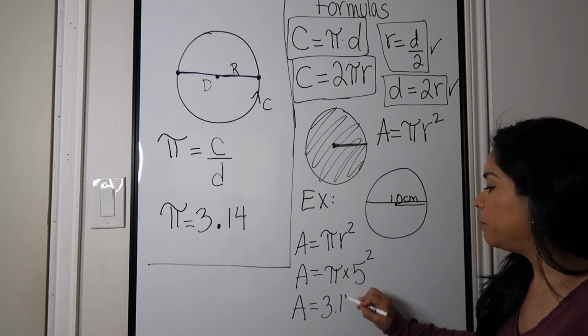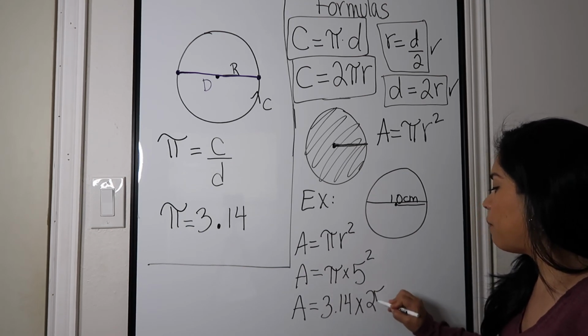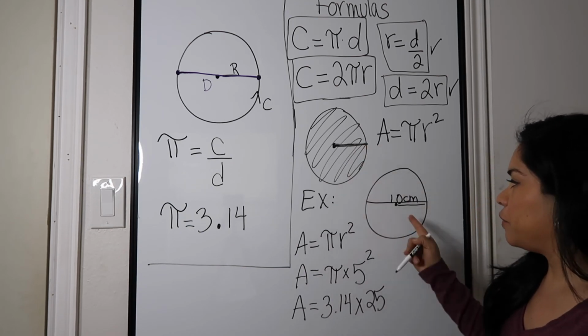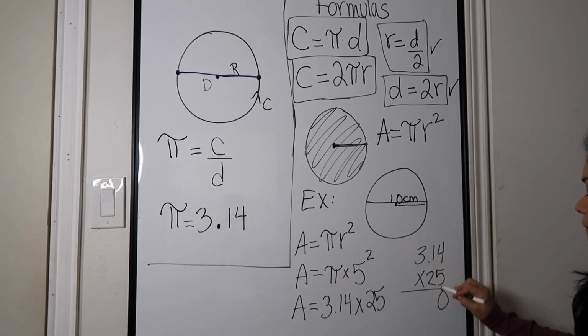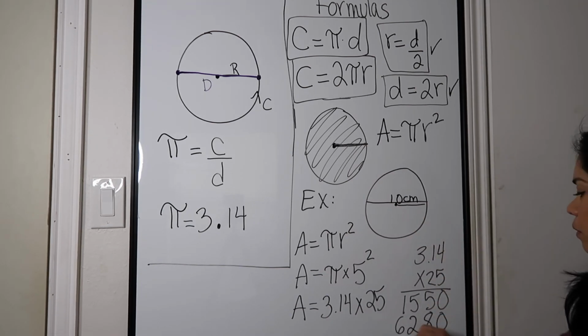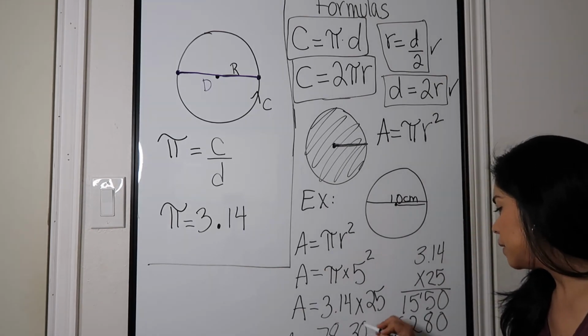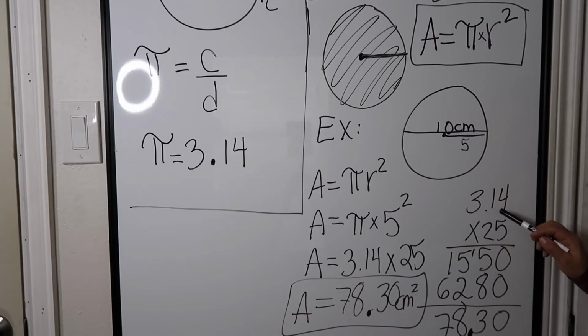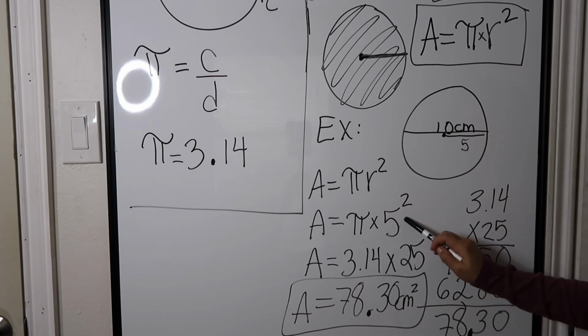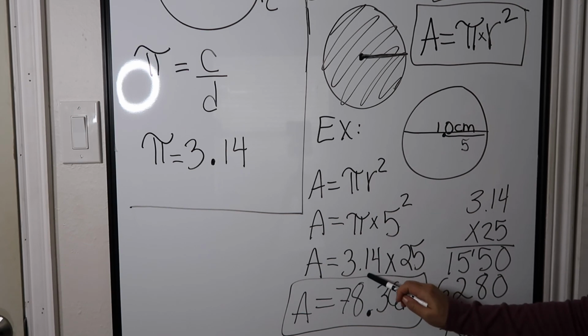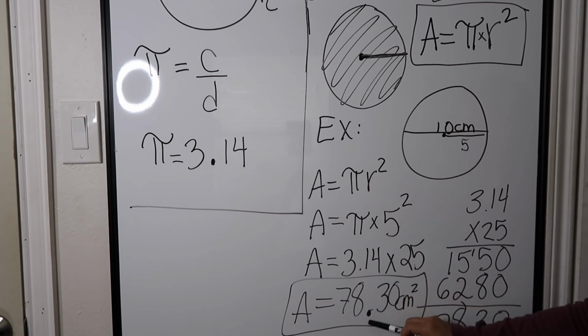So 3.14 times 25 will give you the area of the circle. Here you multiply 3.14 times 25 and you get 78.50. So 5 times 5, 25, times pi, which is 3.14, you get 78.50 square centimeters.